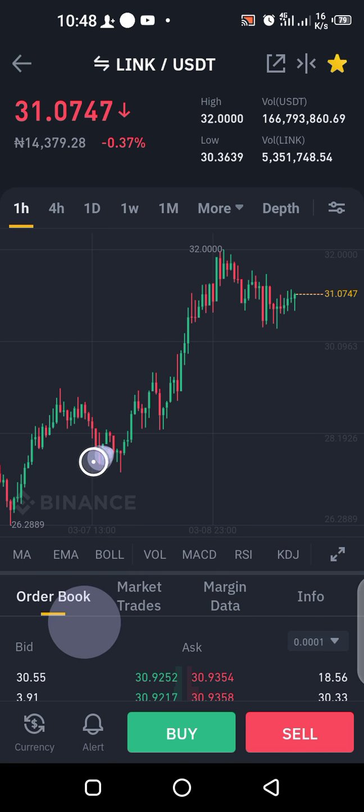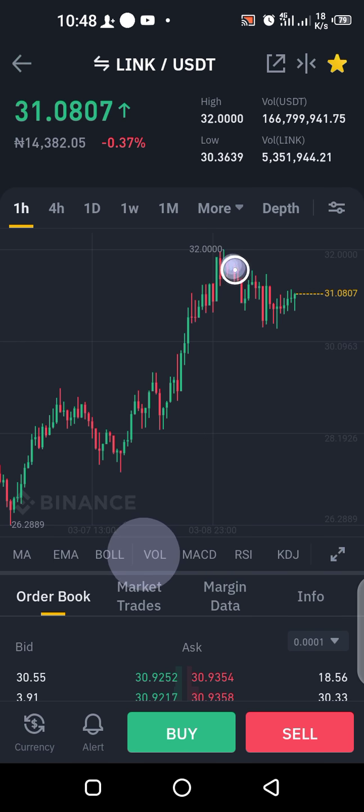You can see if you check this section, if you count it, if you're able to count the candles, 1, 2, 3, 4, 5, 6, 7, 8, 9, 10, 11, 12, 13, 14, 15, 16, 17, 18, 19, 20, 21.